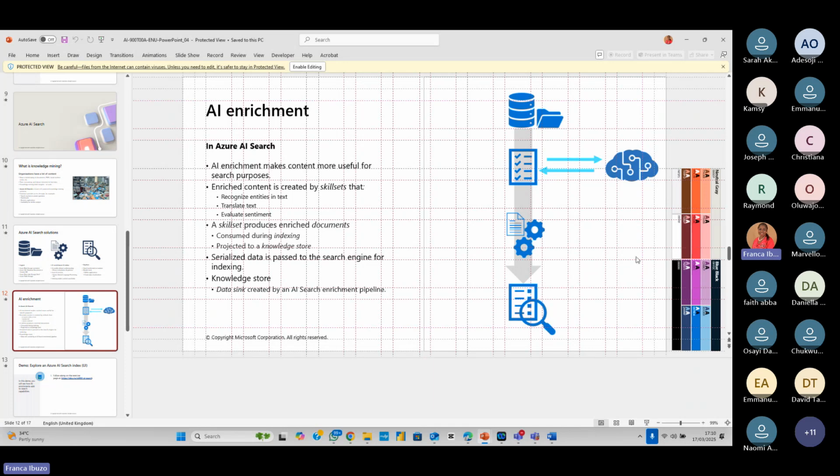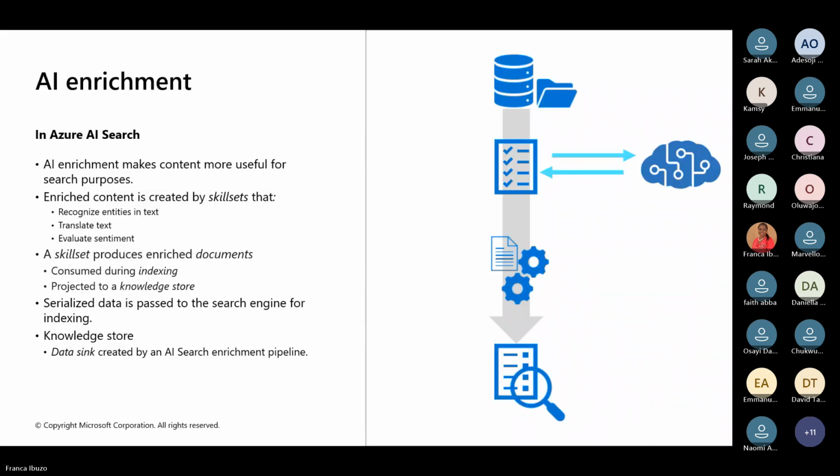When you're doing the labs, you see how this works, like when you get to the AI Studio. In Azure AI Search, you have the AI enrichment. It makes content more useful for search purposes when you're searching for data.